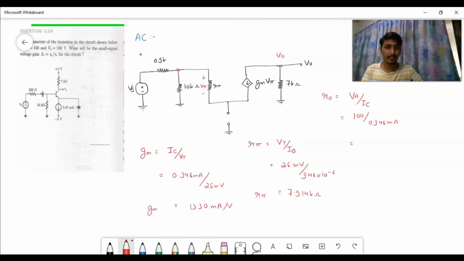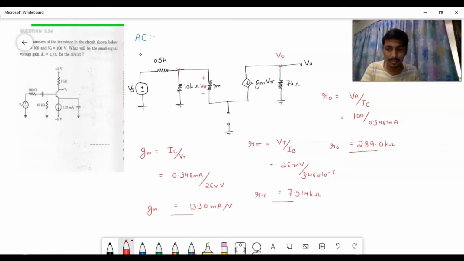So it will come out to be 100 divided by 0.346, which is 289.0 kilo ohms, r0. Okay, so we get these three values: transconductance gm, r pi, and r0.